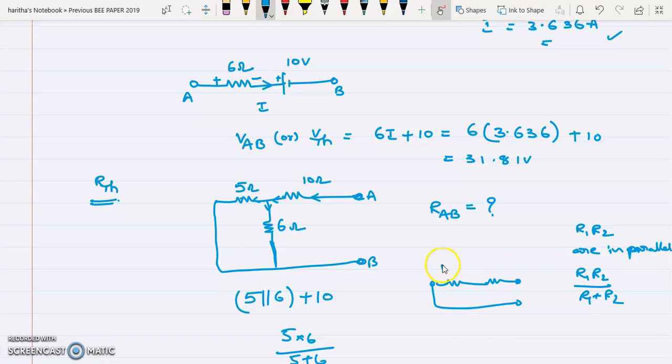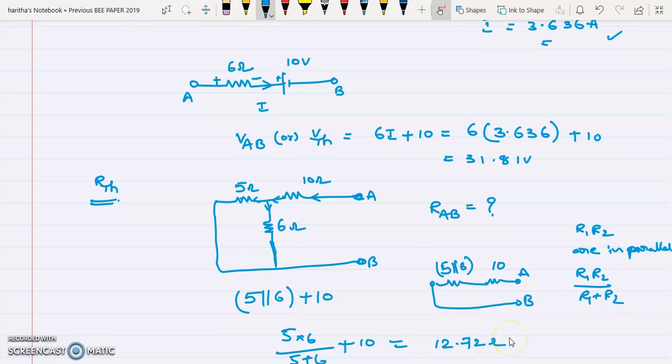This is the 5 parallel 6 resistor and this is 10, so you have to add. If two resistors are in series, you have to add those two. This is the 5 parallel 6 value and this is 10 ohm. So the total value will be 12.7.